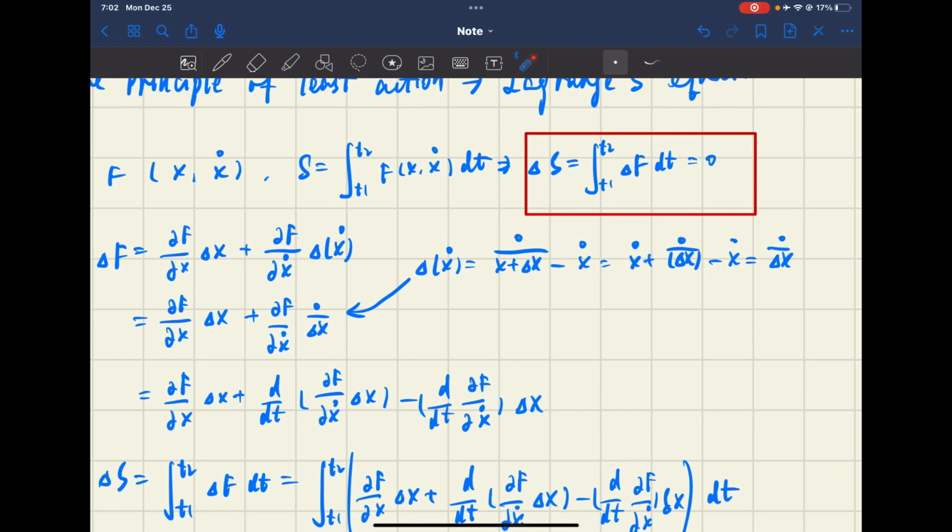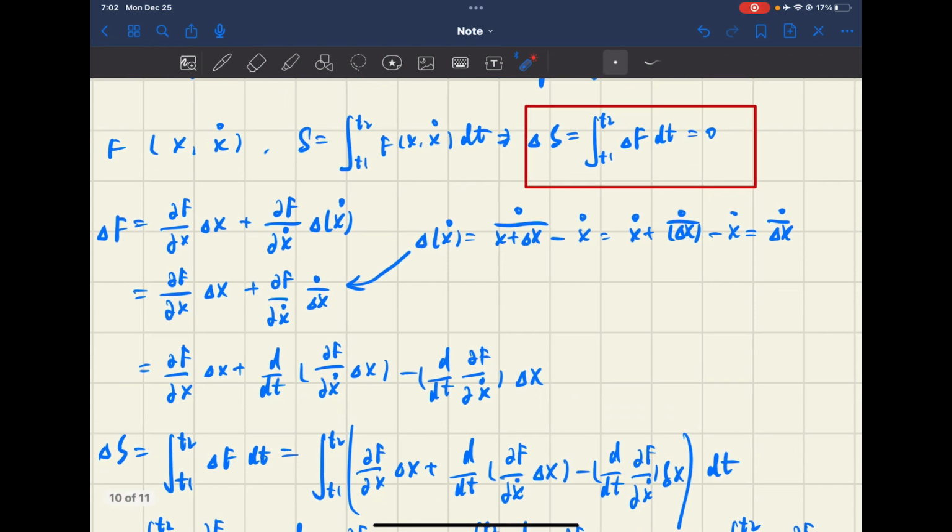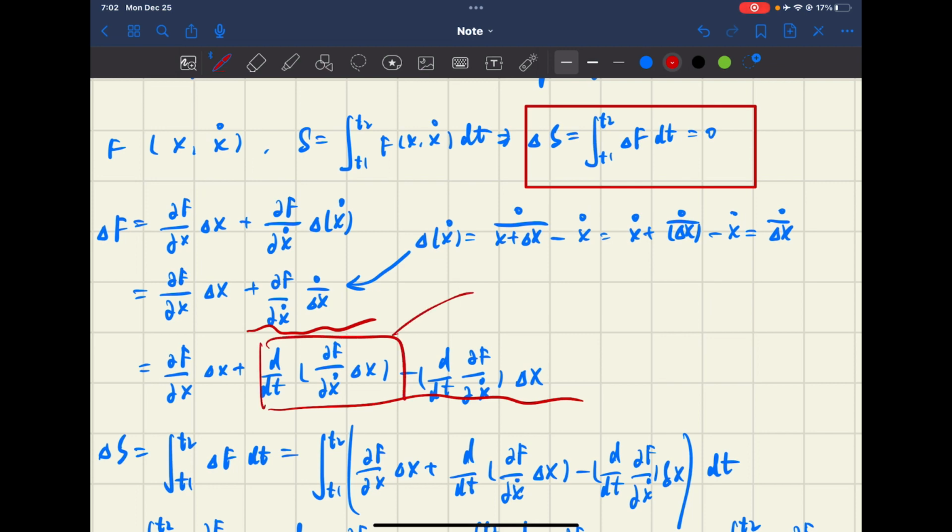In order to make it easier to integrate, we rewrite this term as this, because it's the total derivative of the product of the two expressions.